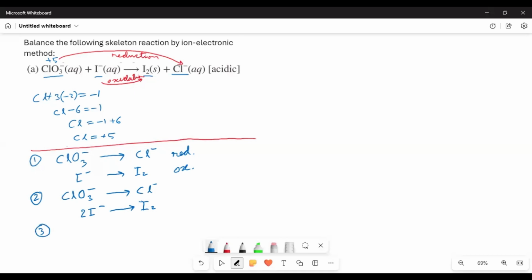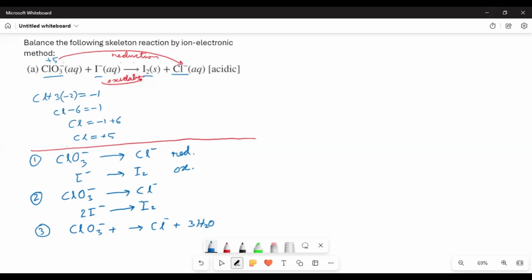And the third step is the balancing of oxygen and hydrogen. So again, write this equation, keep some gap so that hydrogen and oxygen could be balanced. As there are 3 oxygen atoms, as per rule, you will add 3 water molecules so that oxygen can be balanced. Each water molecule has 1 oxygen, and hydrogen becomes unbalanced.